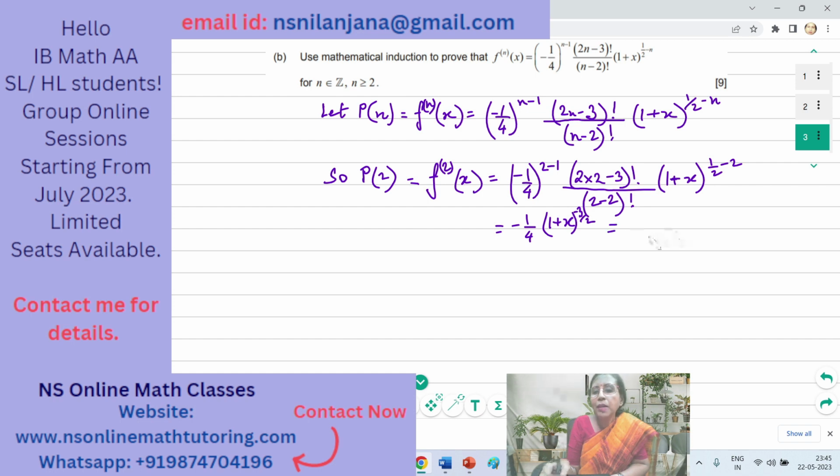So this can be written as negative 1 over 4. And since it has a negative power, I can bring this down, and because it has a 2 in the denominator, it will be the square root of 1 plus x raised to the power of 3. This is equal to f double dash x.